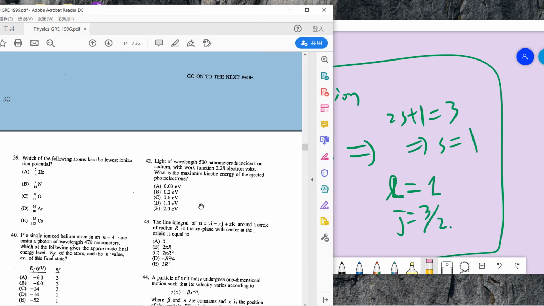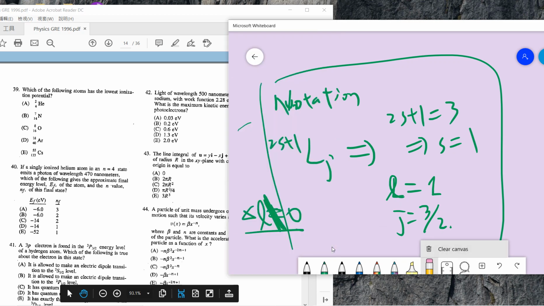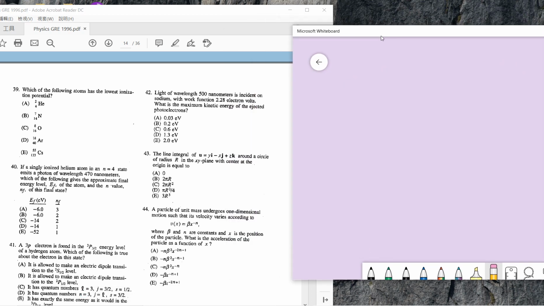Okay, 42. Light of wavelength 500 nanometers is incident on sodium, which has a 2.28 eV work function, and it asks about the maximum kinetic energy. The kinetic energy of the electron is just the energy of the light minus the work function.